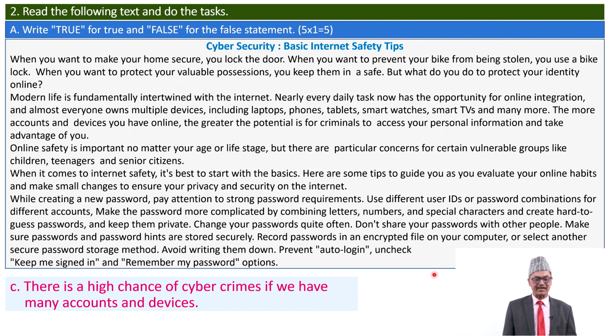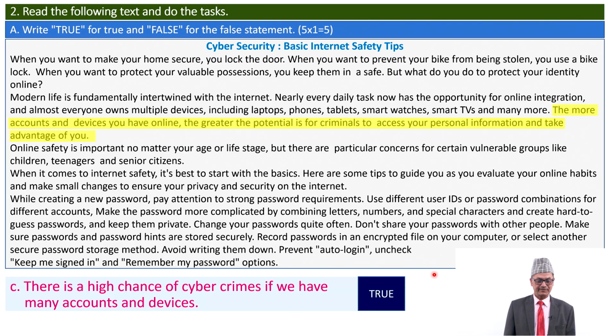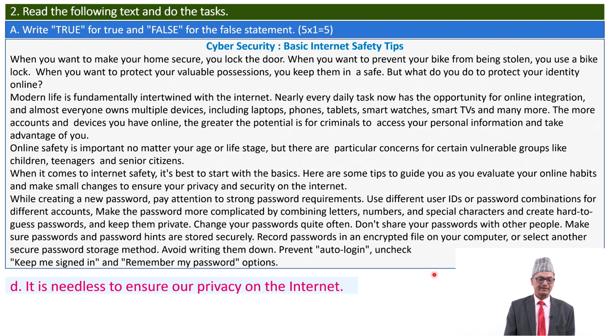There is a high chance of cyber crimes if we have many accounts and devices. Now find the information. Where is the information? There. So I'm sure you have thought of the answer true. So next, number D. It is needless to ensure our privacy on the internet.